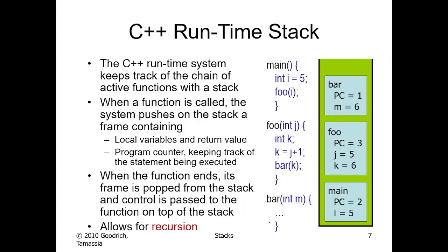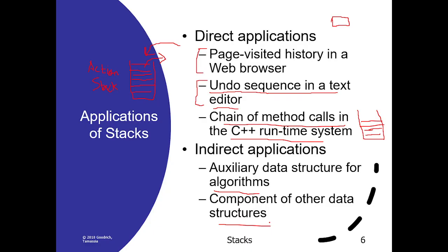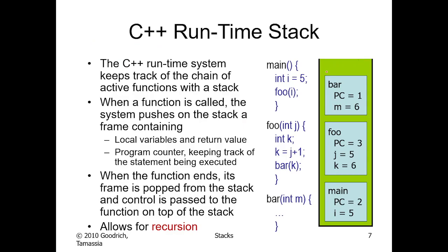This is the example of the C++ runtime stack, the thing that we talked about. Say for example you are in the main function, and from the main function you call the function foo, and then the function foo calls the function bar. Once the bar function is executed, you should return to the function foo, and once the function foo is executed, you should be able to return to the main function.